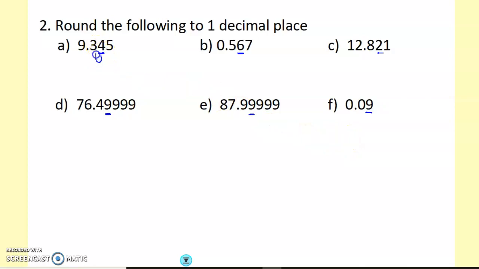This one's a 4. That means I'm going to leave that 3 exactly as it is. So that one is going to go to 9.3. It doesn't matter that there was a 5 after that. It makes absolutely no difference. It's only that second number after the point I'm interested in. This one is a 6. 6 is bigger than 5, so that's going to push that up to 0.6.